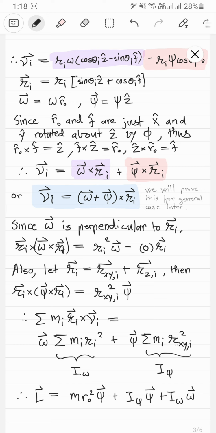And minus the other term, which just becomes 0 because ri vector dot omega vector is 0. And then also you can let ri vector be ri xy vector, which is the xy projection of this relative position vector, and then the z projection, so the sum of these two, right?